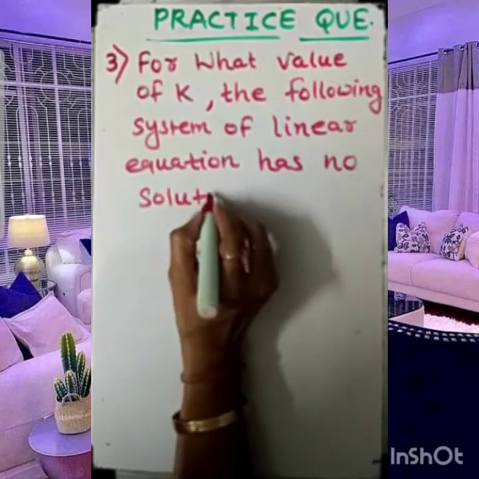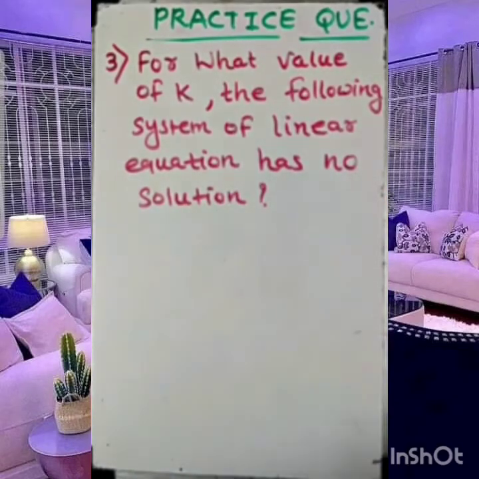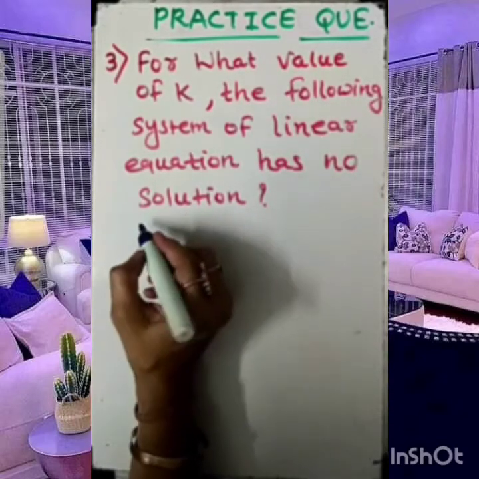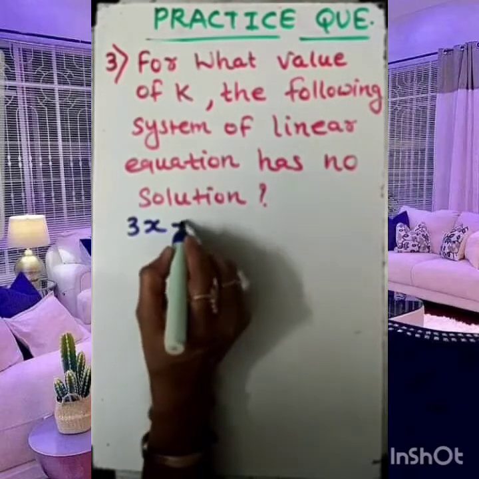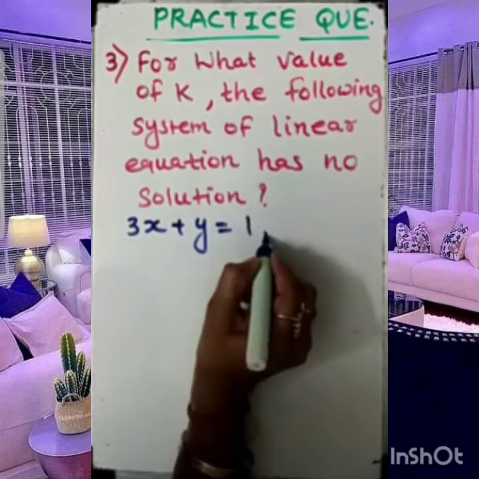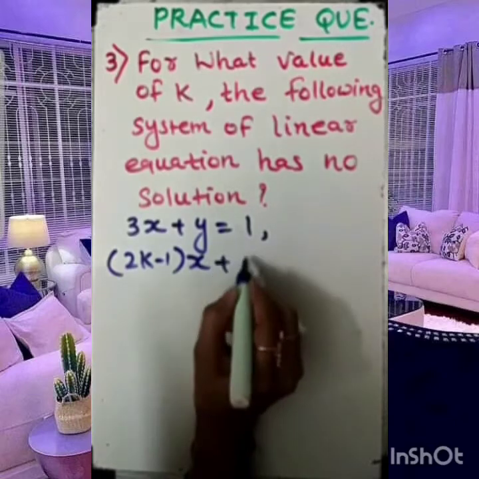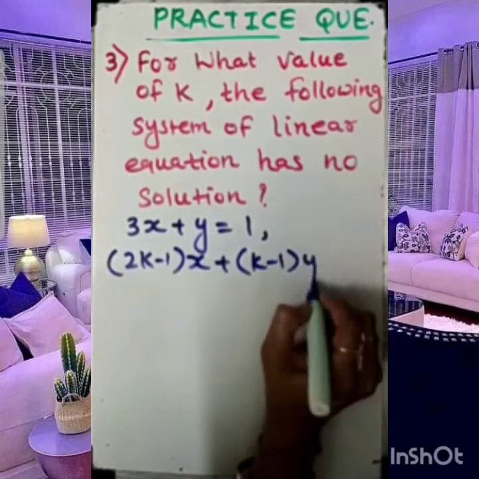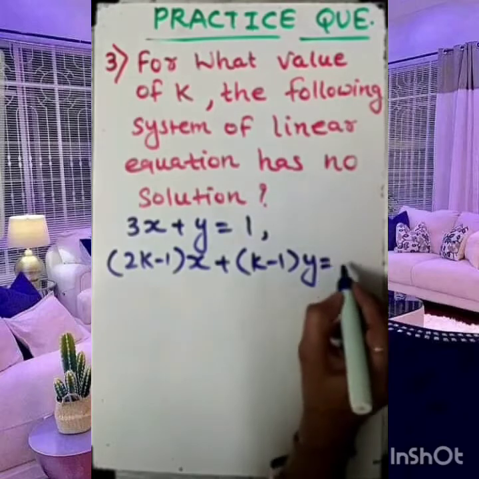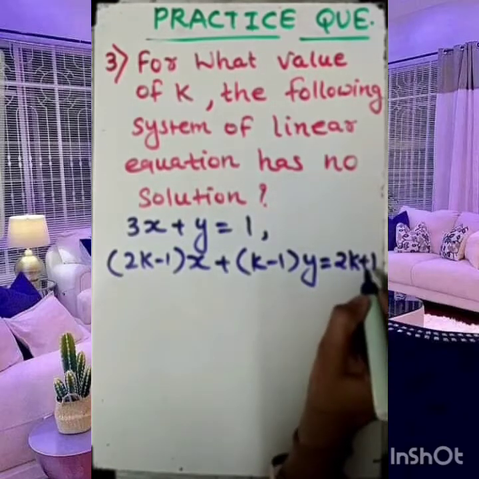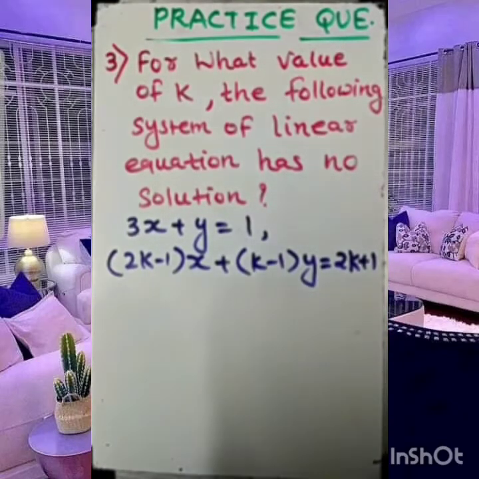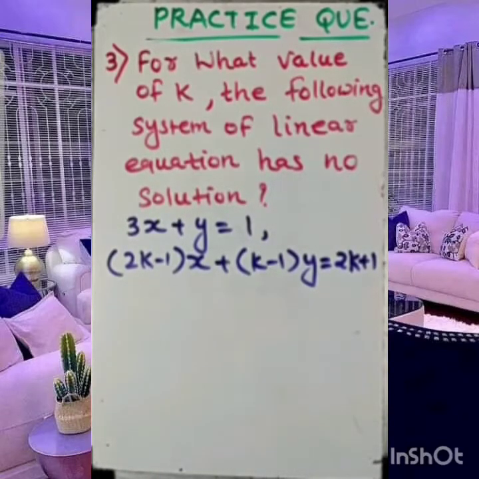You know very well, dear student, that no solution indicates parallel lines, which are not intersecting. So first let's note down the equations: 3x plus y equal to 1 and k minus 1 into x plus k minus 1 into y equal to 2k plus 1. This we are given. Now very easy, very simple.